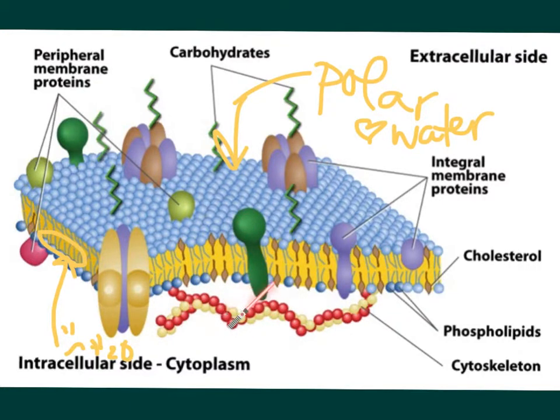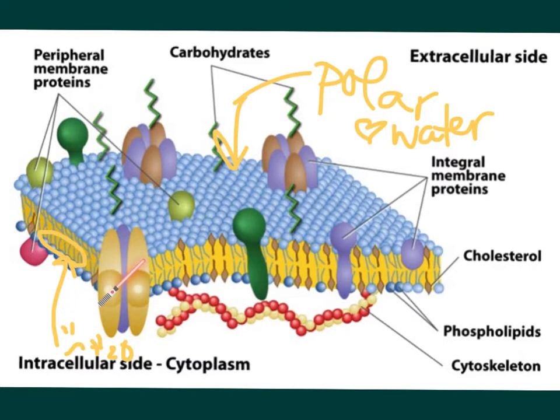The polar parts line up with the glycerol, and the nonpolar parts line up with the fatty acid tails. Every transmembrane protein that embeds will embed in that way, where there are nonpolar parts in the middle and polar parts on the outside.